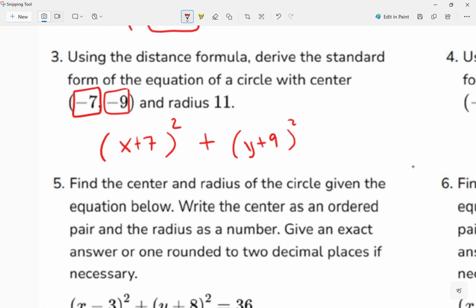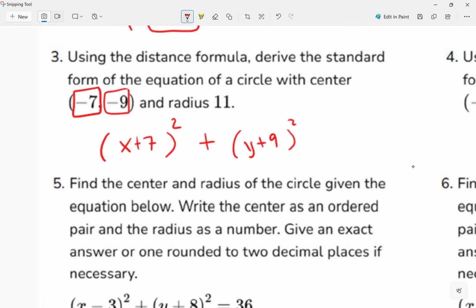So if it would have been +9, I would have said y minus 9. Notice on the parentheses with the x coordinate, I wrote x plus 7. On the parentheses that dealt with the y, I wrote y plus 9. So do keep those letters.